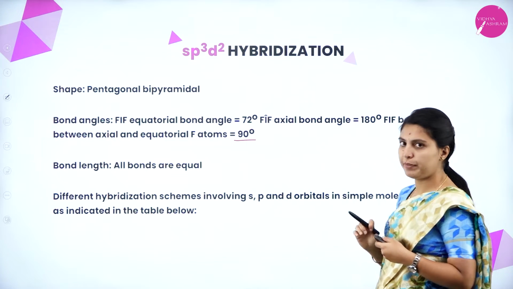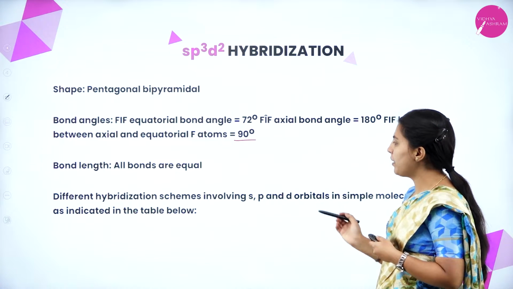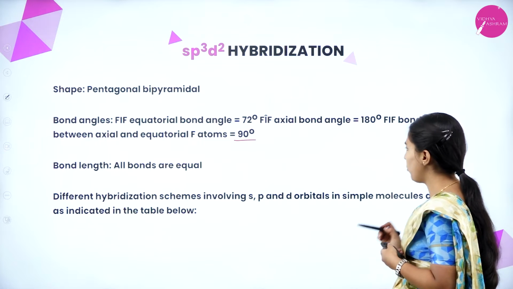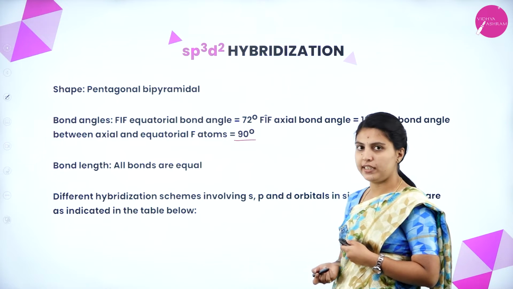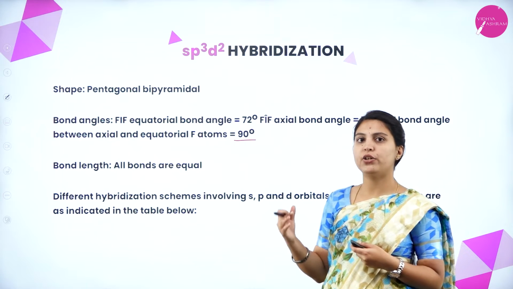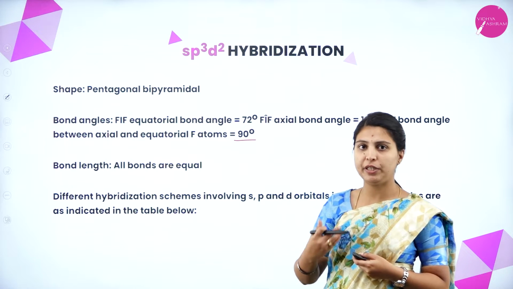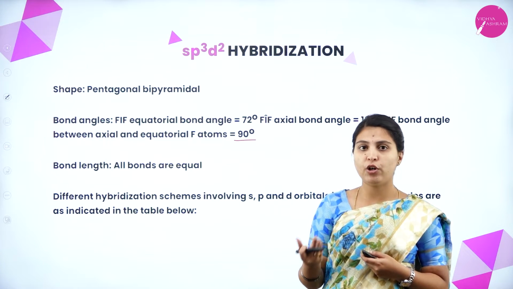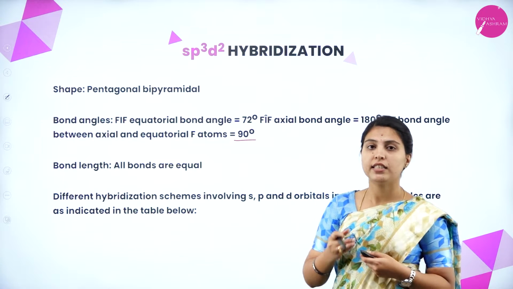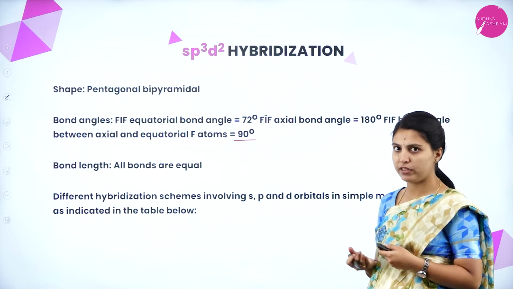This is about sp3d3. Different hybridization schemes involving s, p and d orbitals in simple molecules are indicated in the table below. After seeing all the kinds of hybridization, whether it is sp3, sp2, sp, or involving d orbitals, sp3d, sp3d2, sp3d3, these are the kinds of hybridization we have discussed.